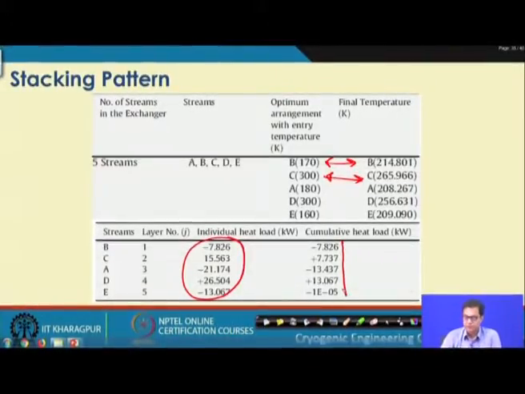So, if we find that layer number 1 was fluid stream B, and then we have fluid streams C, A and D, we can find out their corresponding temperatures.